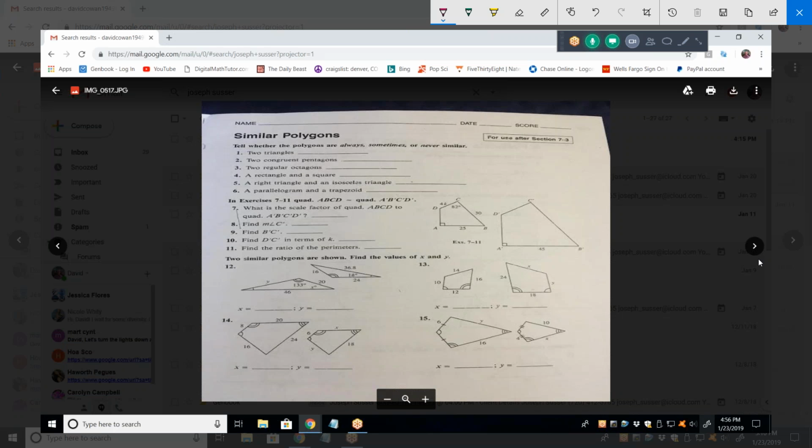Because it's a side, we know it's going to be in the form of a ratio. Because in similar polygons, the angles are all equal, but the sides are not. However, the sides all have the same proportion.